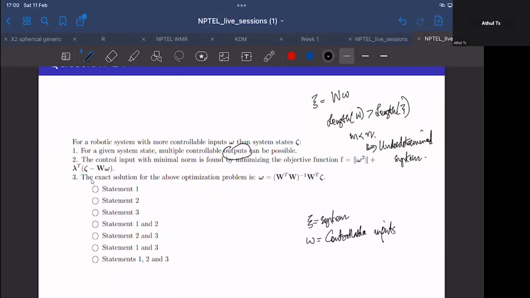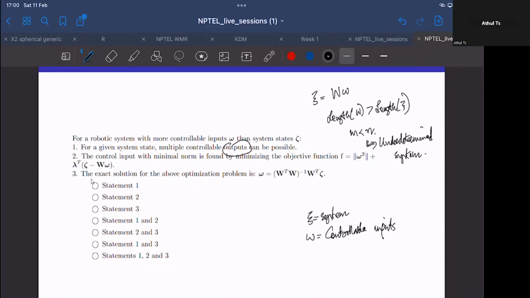The second statement says the control input with minimal norm is found by minimizing the objective function, norm of omega squared plus lambda transpose (zeta minus W omega).